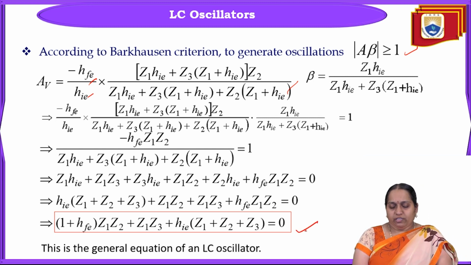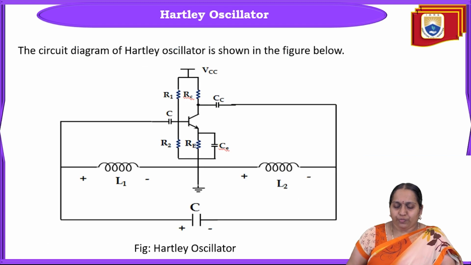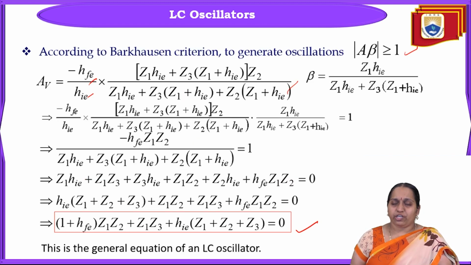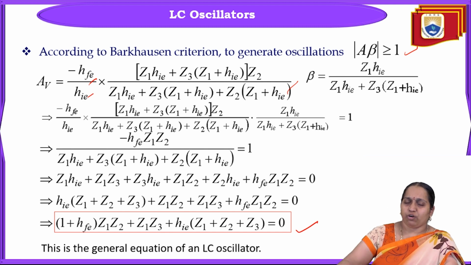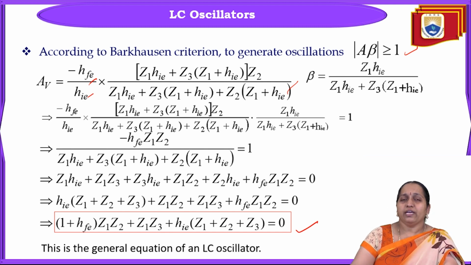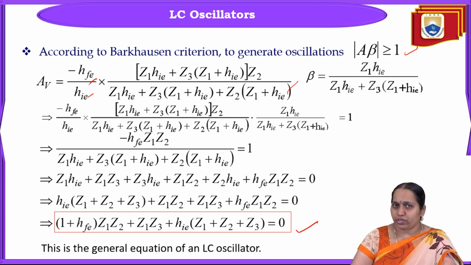Using this general equation, we will have two types of LC oscillators, that is Colpitts oscillator and Hartley oscillator. Depending upon the impedances you take in place of Z1, Z2 and Z3, you have two types of oscillators. In both oscillators, we'll use this general equation to derive the frequency of oscillations.